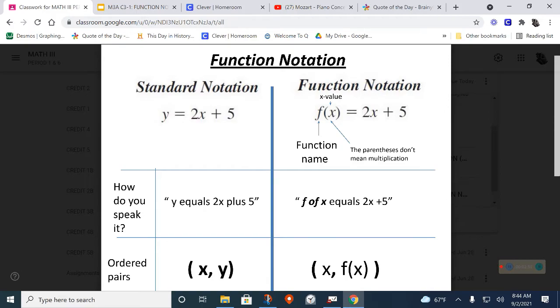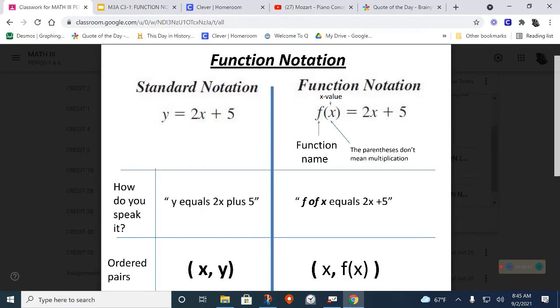I'm saying your grade depends on your performance. So y depends on what x is. I have to replace x with some number to figure out what y is. So I can say y is a function of x.